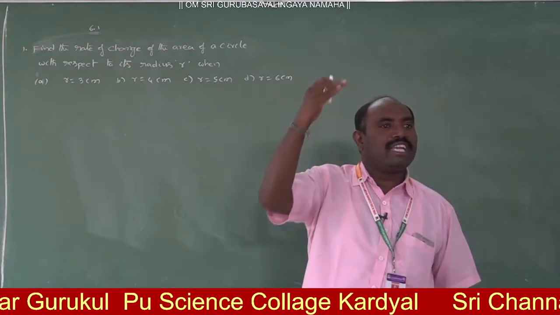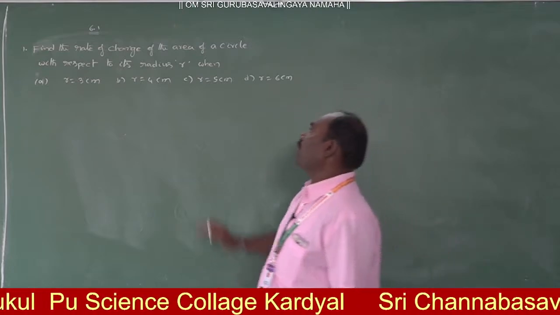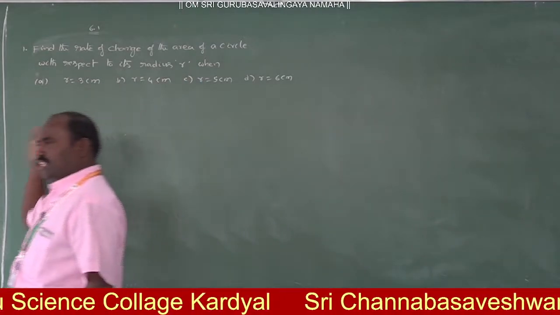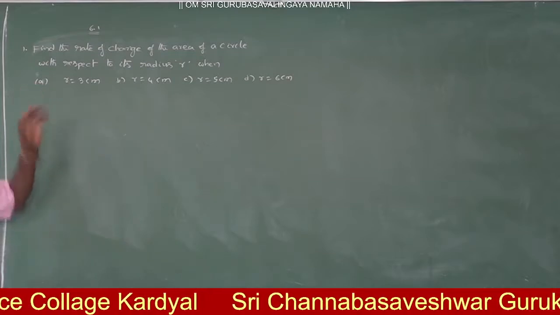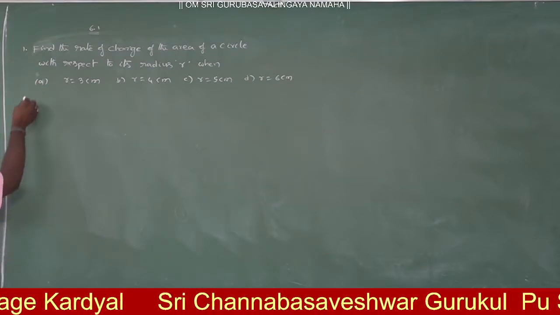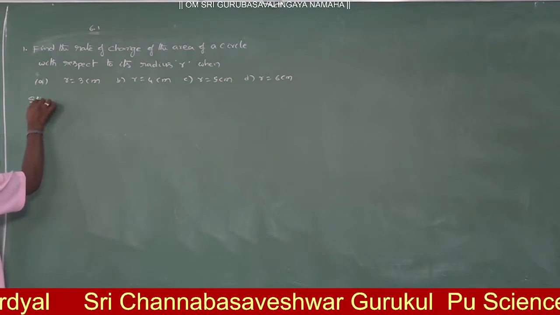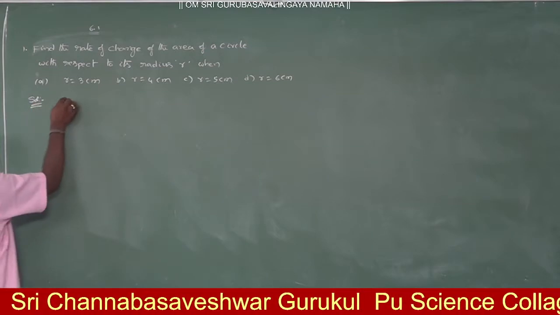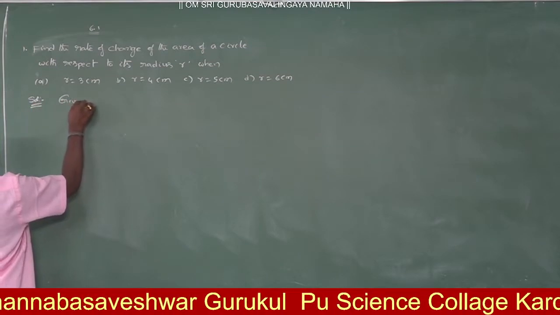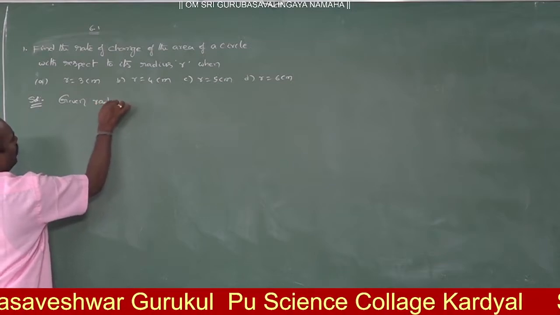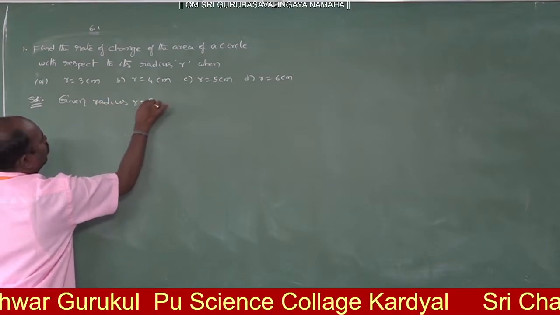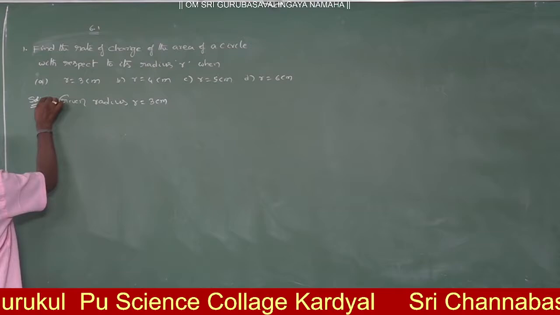So find dA by dr when the r value is given as 3 centimeters, and 4, 5, 6. So first, here the given radius is r equal to 3 centimeters. First problem.